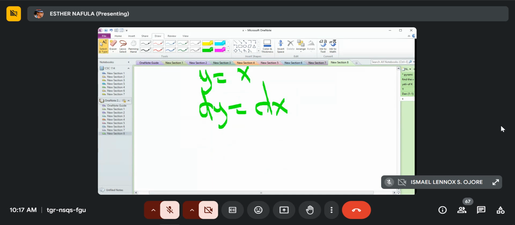Actually, for this particular problem, everything is varying between 0 and 1. So whichever way you do it should be okay. So we can use values of x between 0 and 1. In place of y, we substitute with x. In place of dy, we substitute with dx.